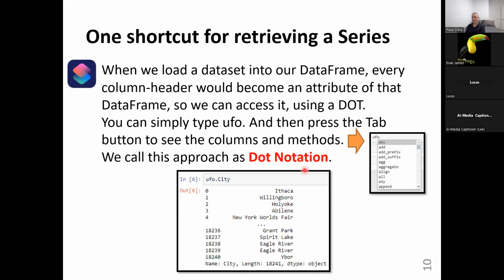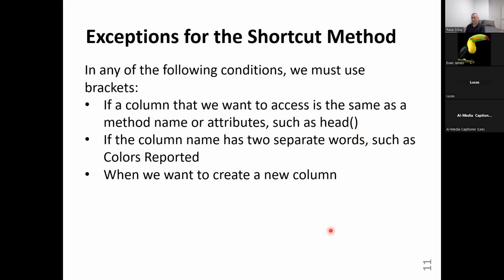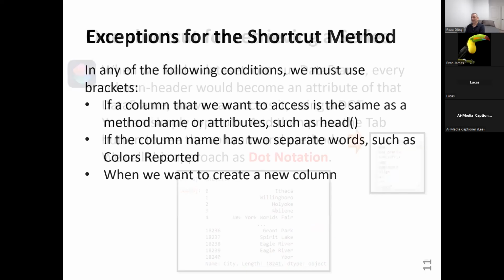So you see dot notation works just when you have one single name and there is no space. If a column that we want to access is the same as the method name, that's another issue.